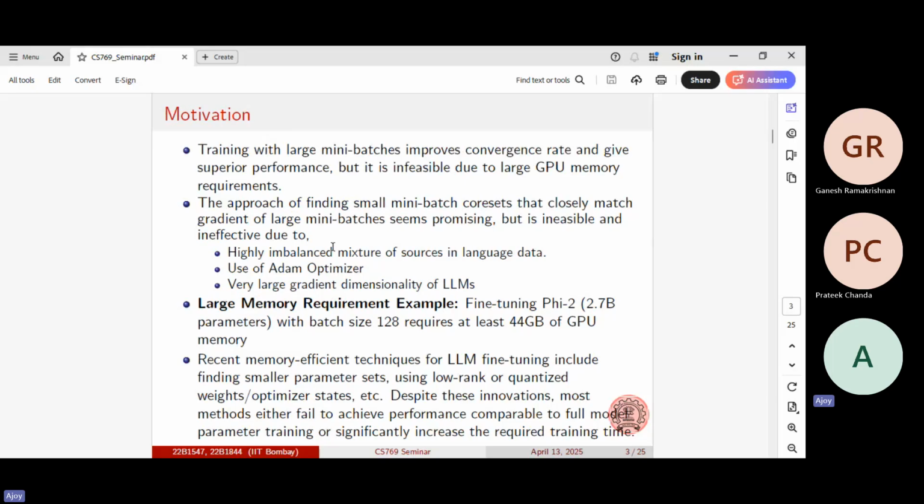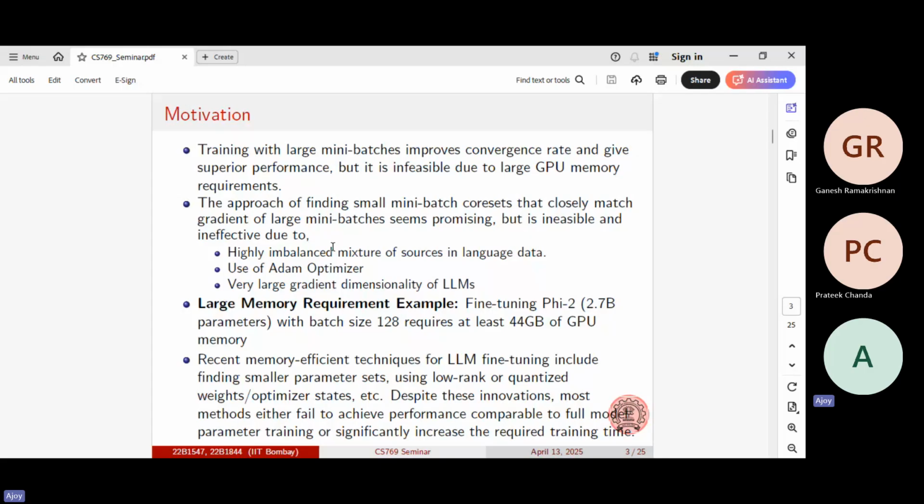But due to the large number of mini batches, this is infeasible because it requires large GPU memory. So what we try to do is match the gradient of the large mini batches to the random batches. But this is infeasible due to the highly imbalanced mixture of sources and language data.